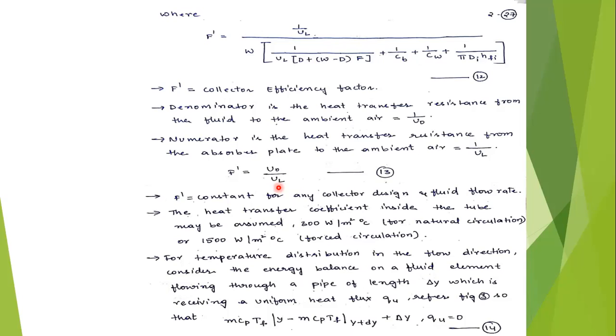So you will get the equation with these assumptions: m Cp Tf at y minus m Cp Tf at y plus delta y, plus delta y Qu is equal to 0. At this condition, we have to derive these terms.